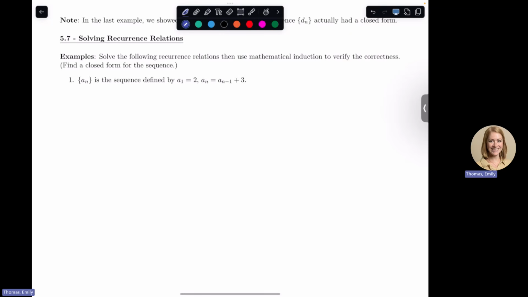but it's defined recursively. So a sub 1 is 2. A sub 2 is a sub 1 plus 3. So that's 2 plus 3, which is 5. A sub 3 is a sub 2 plus 3. So you're looking at 5 plus 3, which is 8.